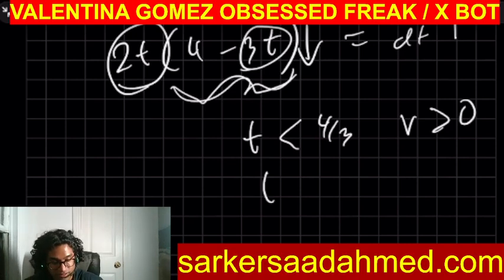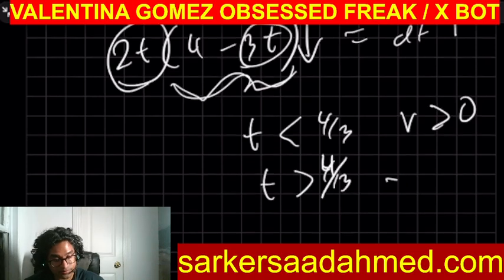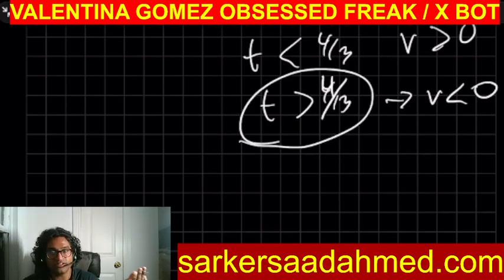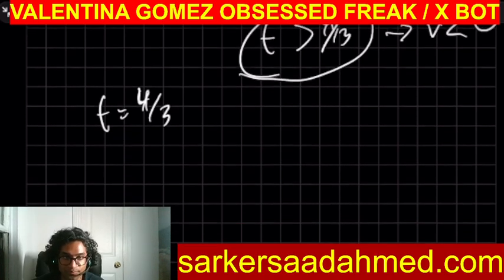And vice versa, if t is greater than 4 by 3, then eventually you're going to encounter the velocity being a negative value, where v is less than 0. So the direction of the velocity, or the sign, will change at t equal to 4 by 3, right? So this will be my set time step.